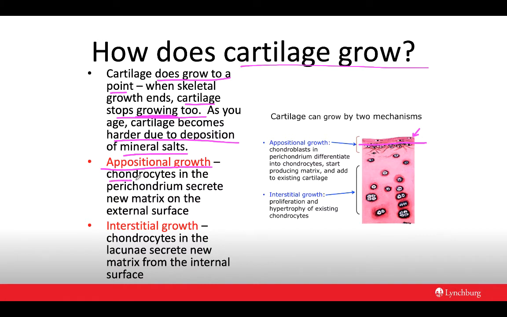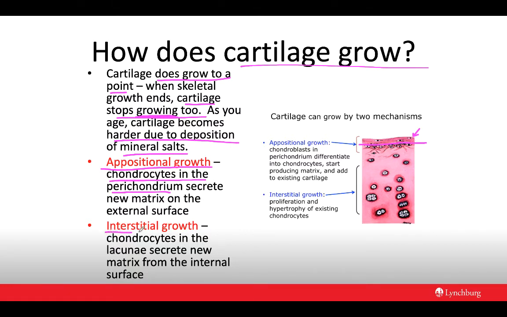Basically, chondrocytes at the meeting of the cartilage and the perichondrium differentiate into active chondroblasts that actively secrete the cartilage matrix. And so this grows cartilage more on the external surface of the cartilage.